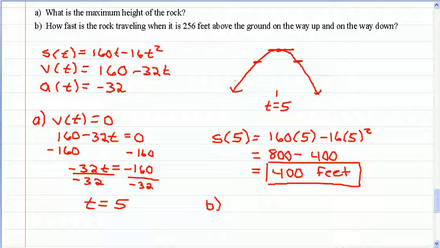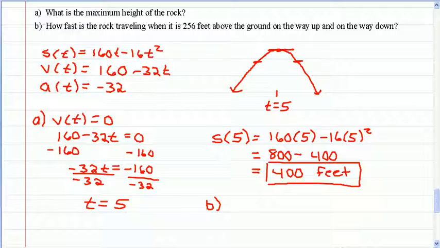Since the rock is going in the upwards direction, here the velocity will be positive, and since the rock is going down, the velocity will be negative. But since we're finding out how fast the rock is traveling, we are finding the speed. And the speed is the absolute value of the velocity.